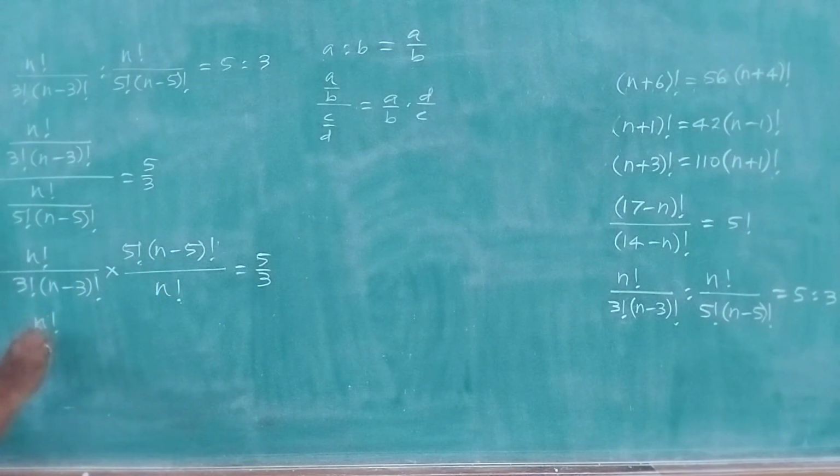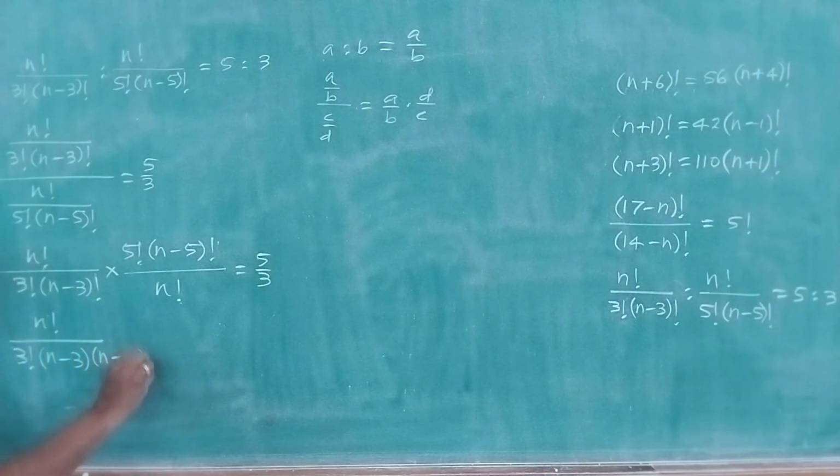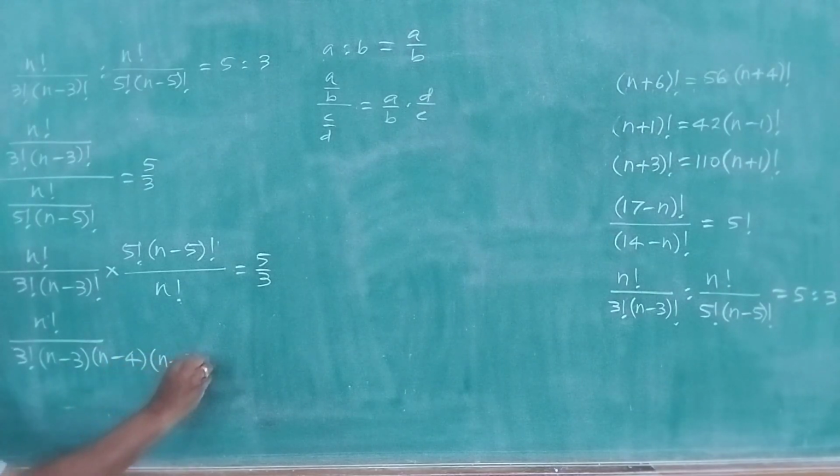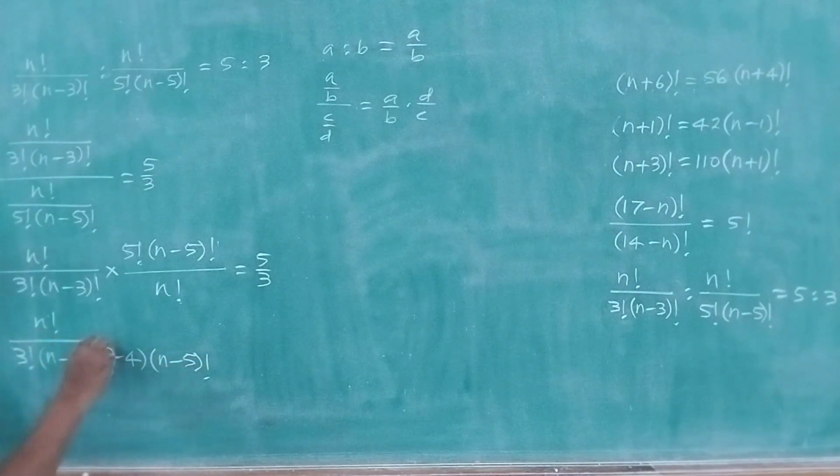For that, let us write n factorial as it is, divided by 3 factorial multiplied with (n minus 3) factorial, which is (n minus 3) multiplied by (n minus 4), and the next one, n minus 4 minus 1, is (n minus 5).